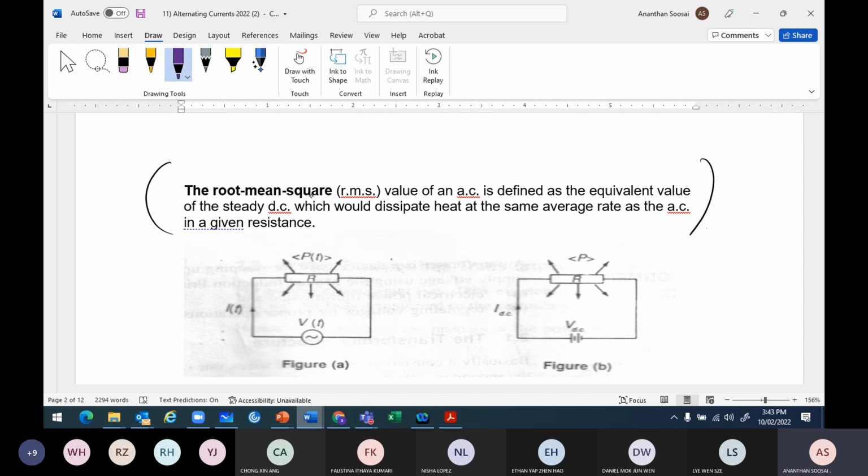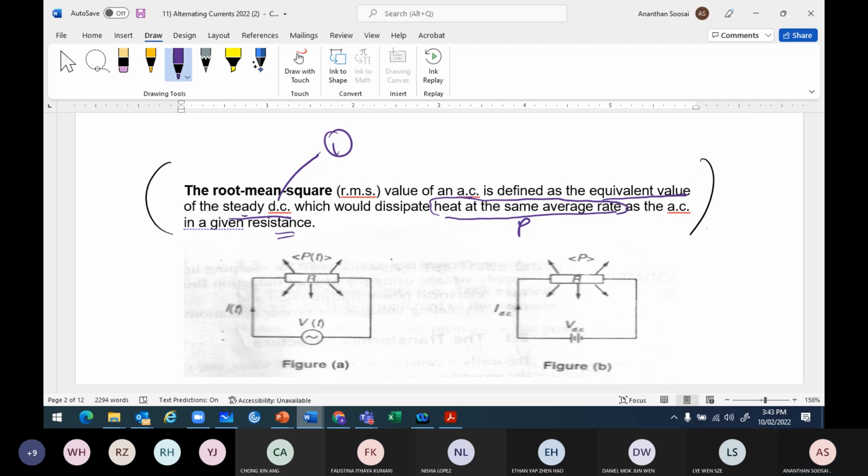The root mean square value of AC is defined as the equivalent value of steady DC, 1 mark, which would dissipate heat at the same average rate. In other words, this heat at the same average rate is actually power. You can say it would dissipate the same power as the AC in a given resistance. That is the root mean square value.